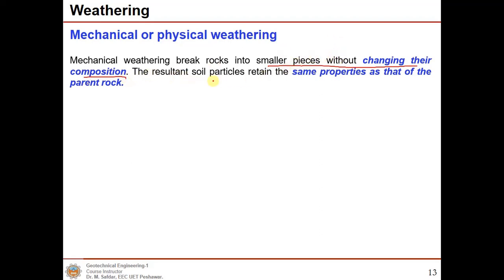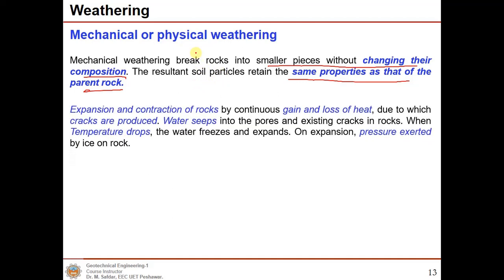The resultant soil particles retain the same properties as the parent rock, because the weathering is occurring mechanically or physically. No chemical composition change occurs when mechanical or physical weathering is occurring.